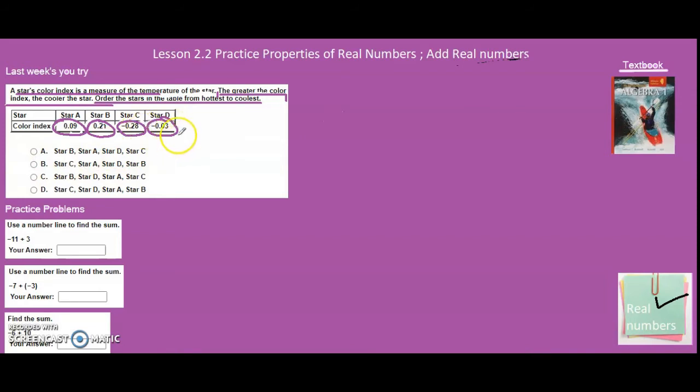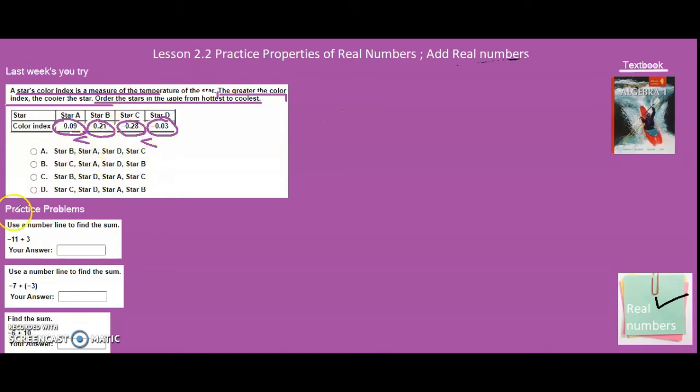Negative 0.03 is closest to 0, so it's going to be greater than negative 0.28. And here we have positive 0.09 and 0.21. 0.09 is closer to 0 than 0.21 is, but 0.21 is farthest from 0, so it's going to be greater than 0.09.